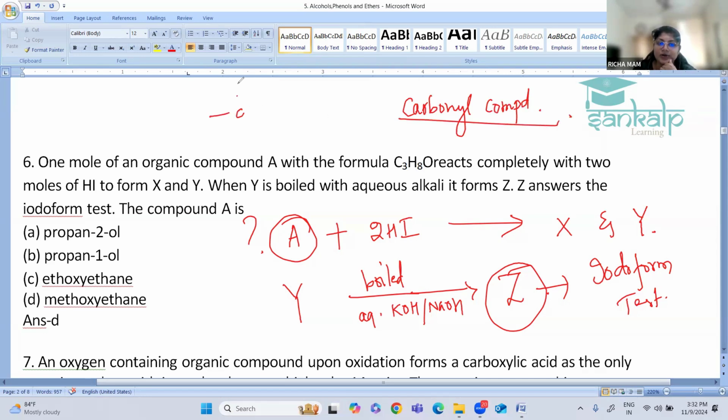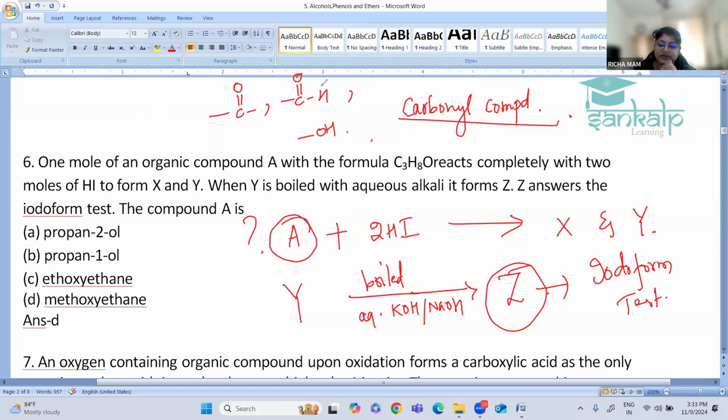What are carbonyl compounds? Your ketone, your aldehyde, your carboxylic acid. The iodoform test is best for your aldehydes, ketones, and alcohols also.